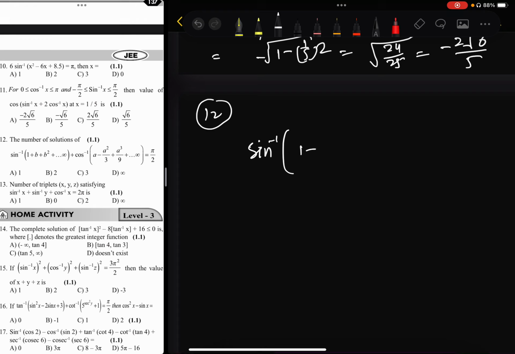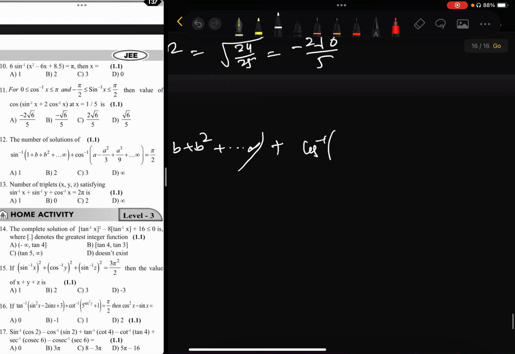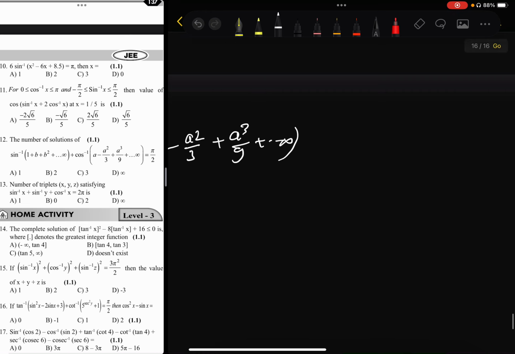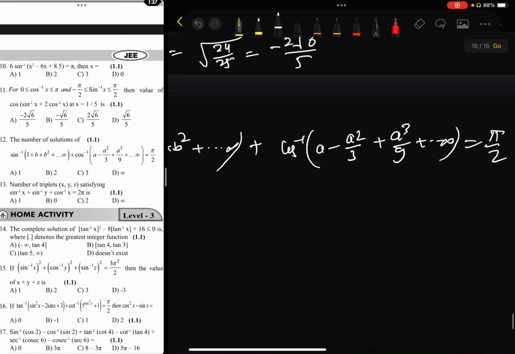So sine inverse of x plus b square up to infinity, plus cos inverse of a minus a square by 3 plus a cube by 9 up to infinity, this is given equals to pi by 2, right? So if this argument and this argument are lying between minus 1 to 1, then this will be always correct, right?